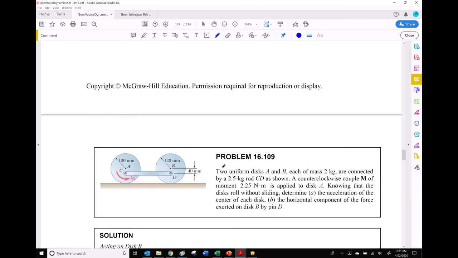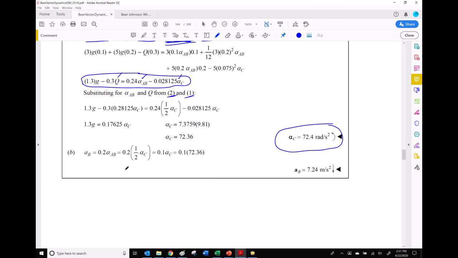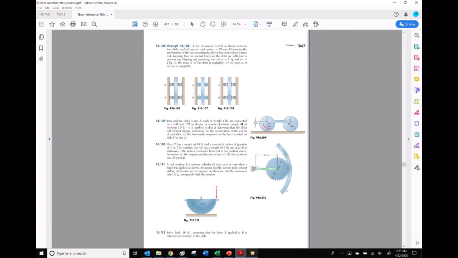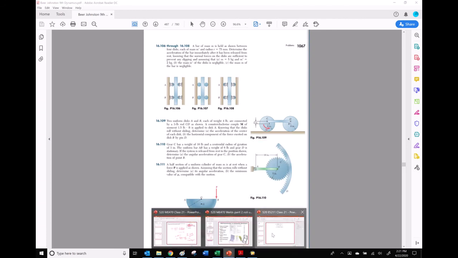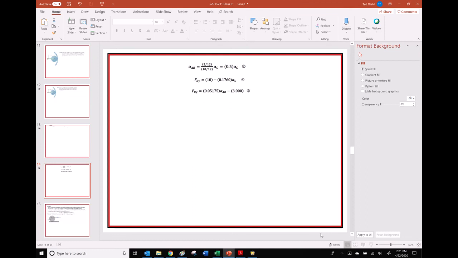And then with that alpha c, we're able to find what the acceleration of B is going to be. So that's another method of doing this, and it is a trickier problem when you have multiple parts.